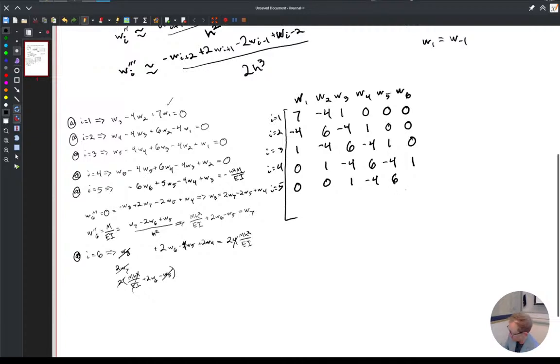Oh wait, 5W5, and a negative 6W6, and this is where our boundary conditions are starting to change those terms, and then a 0, a 0, a 1W3. Is that one right? Oh no, it's not right. I need a 0, 0, 0, and then a 2W4, a negative 4W5, and a 2W6.